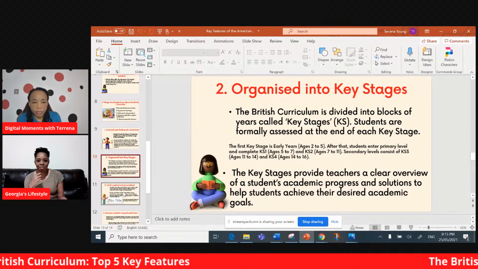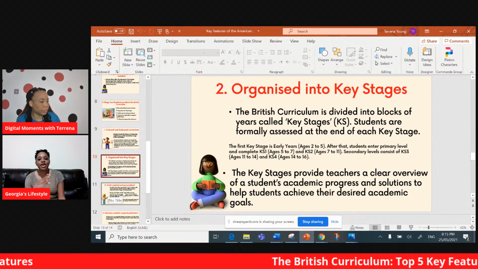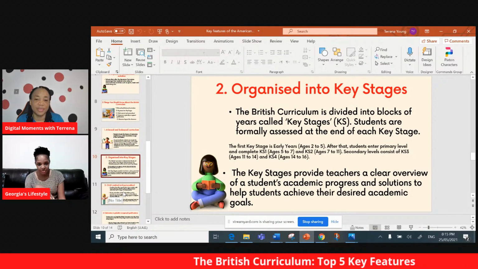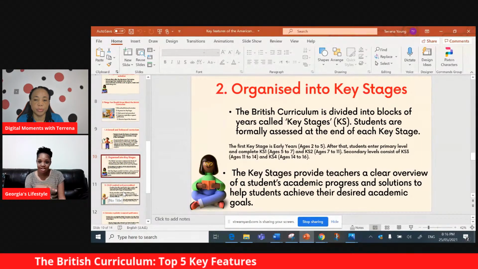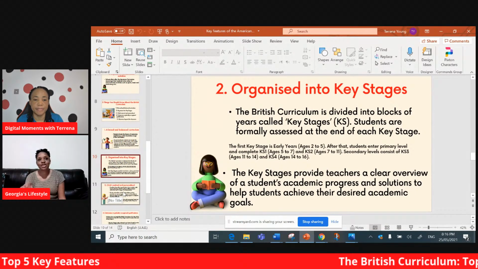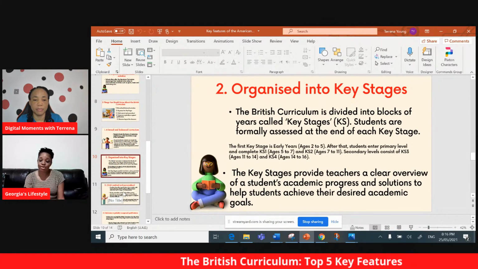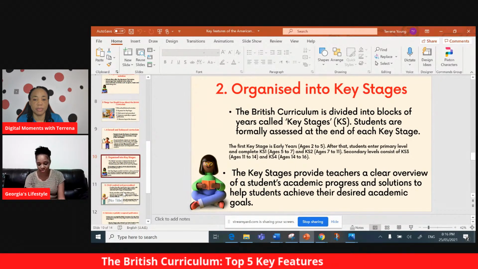In the American school, those same kids would be in grade 3, based on age. So the kids I would teach in year 4 in the British school would be in grade 3 in the American curriculum school.